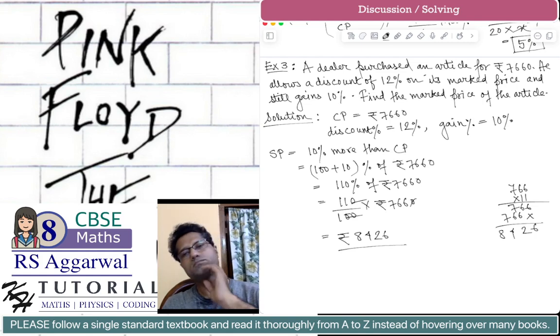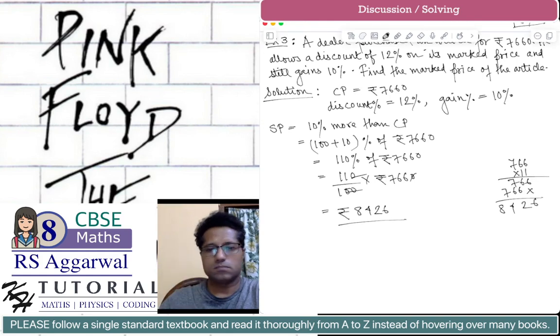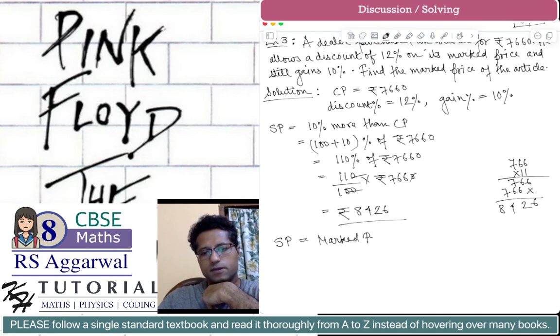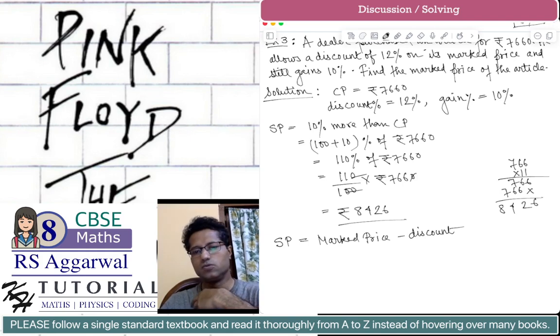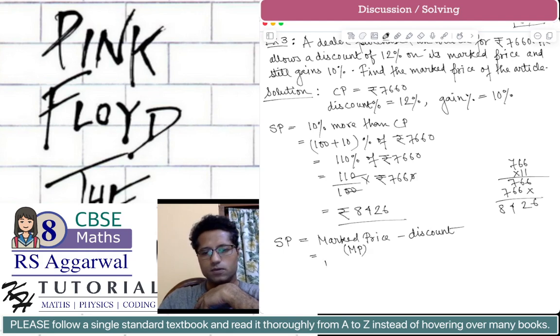So we know that selling price is equal to marked price minus discount. We know this. Selling price is equal to marked price minus discount. Now, what is the discount? Let's say the marked price is MP. So this will be equal to MP minus, now what is the discount?